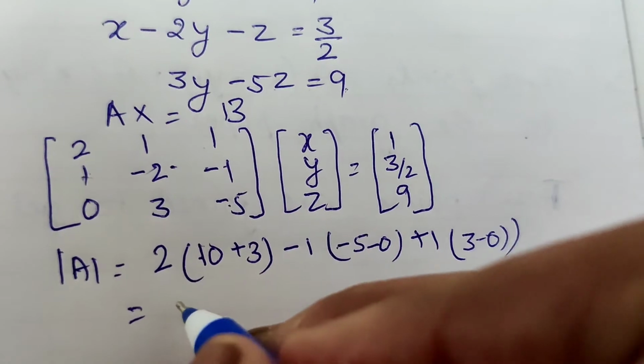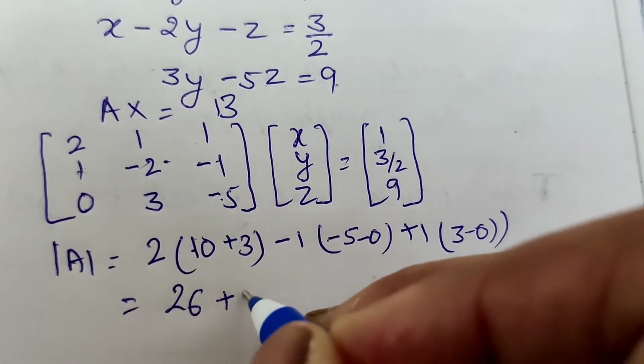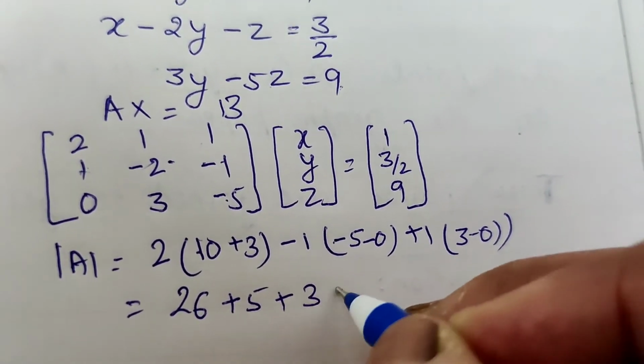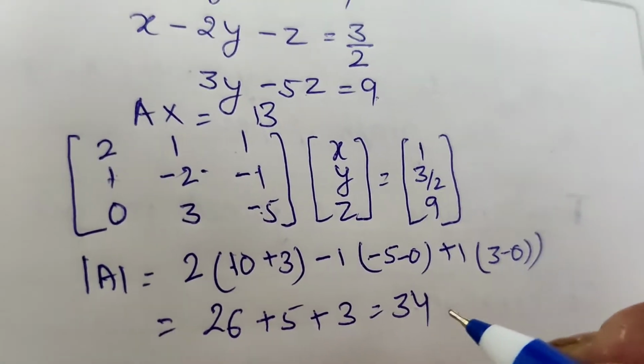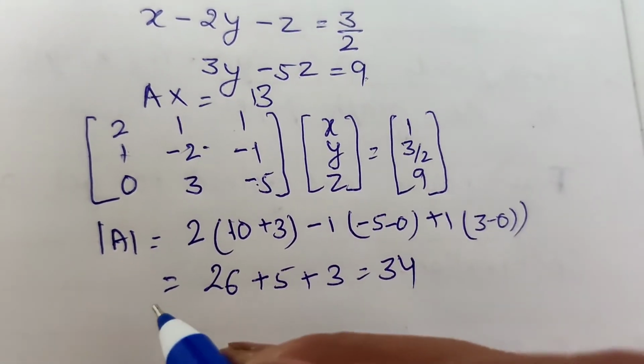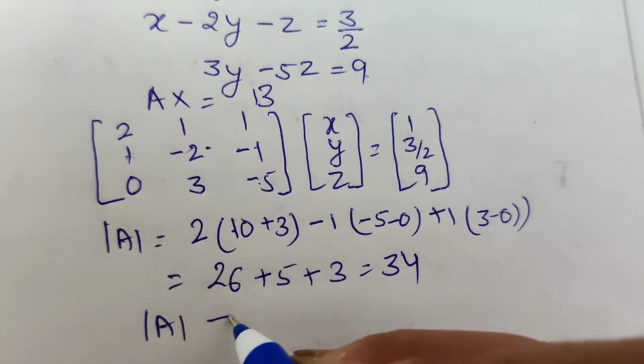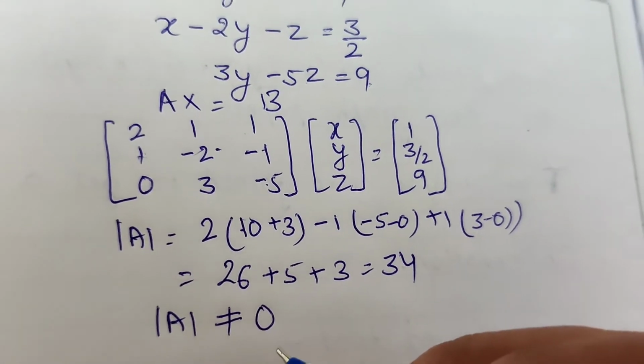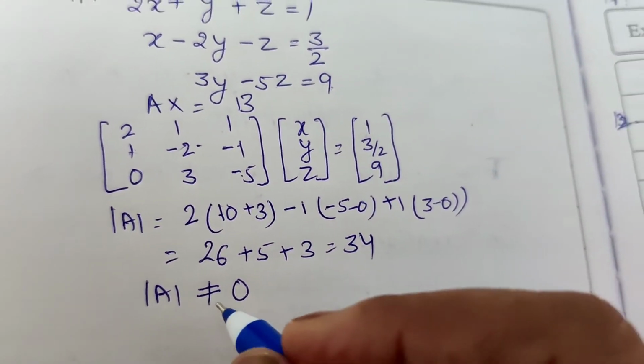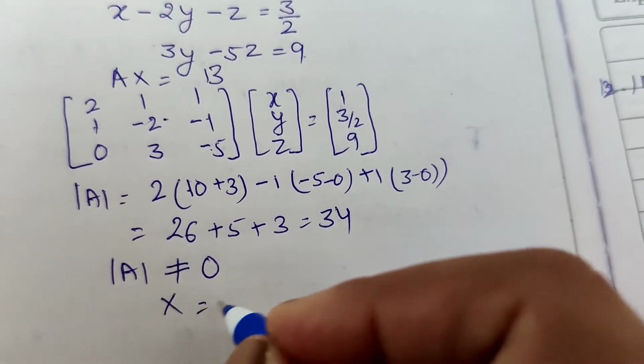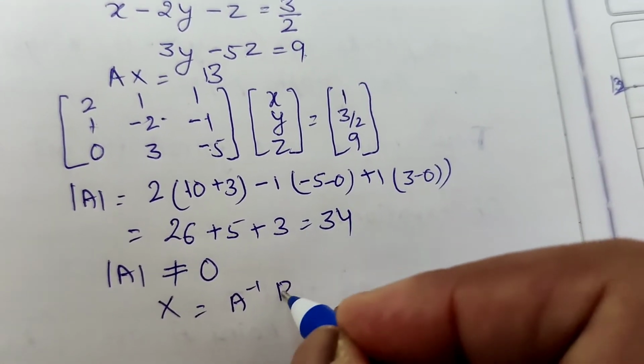Now solve: 13 into 2 is 26, plus 5 plus 3, it is 34. The determinant of A equal to 34, which means the determinant of A is not equal to 0. Okay. Now for finding x equal to A inverse B.